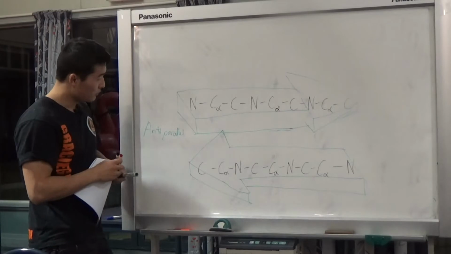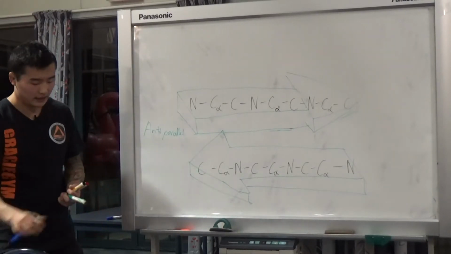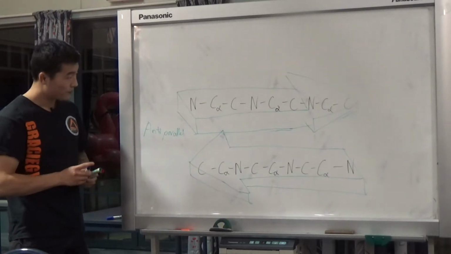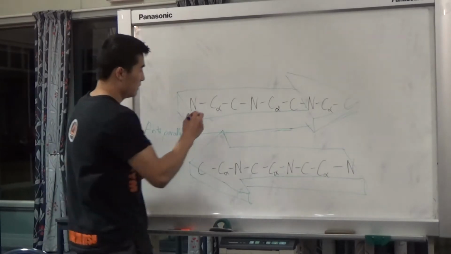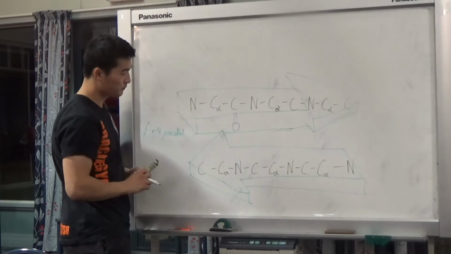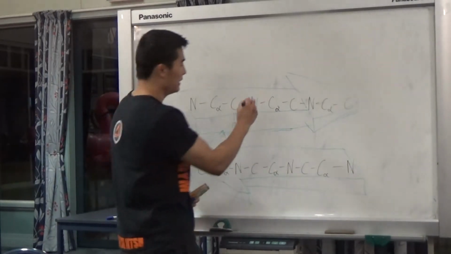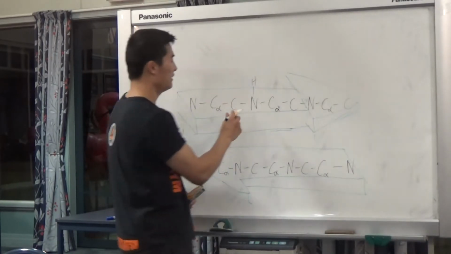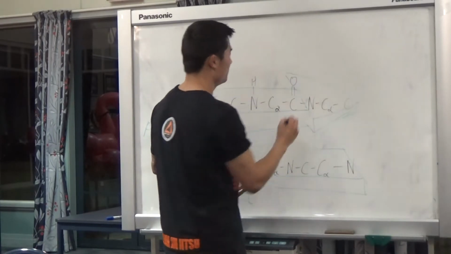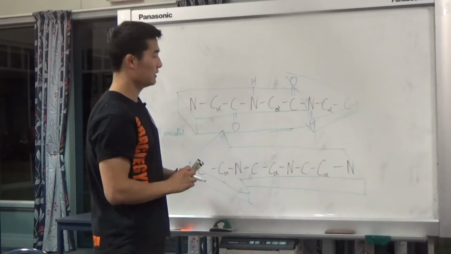So we're just going to draw the oxygens and the hydrogens here. So we have the carboxyl carbon here with the oxygen, and this one. So the next one, the hydrogen is going to be pointing up, and then here, the oxygen will be pointing up, and the hydrogen will be pointing down. Okay.